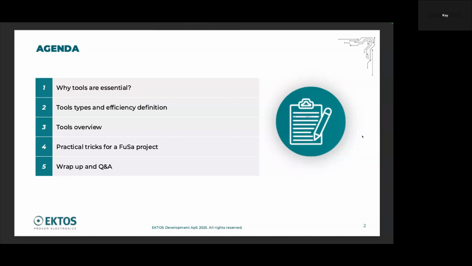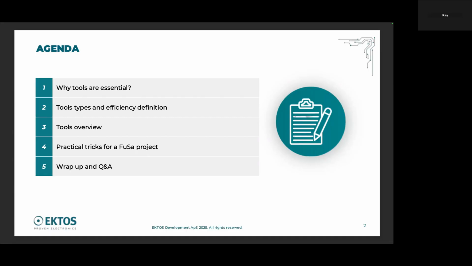So first of all, I would like to say that we will be following the agenda that you can see on the screen. We will be discussing, first of all, why tools are needed for functional safety process and projects. Then we'll be going through tool types and the efficiency definition for those tools. So what is an effective tool, what is a bad tool, what is a good tool, to put it short and simple.